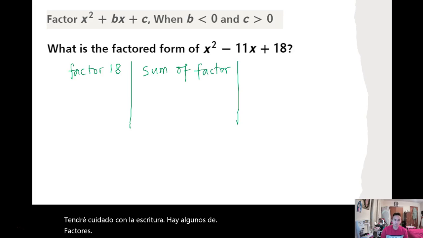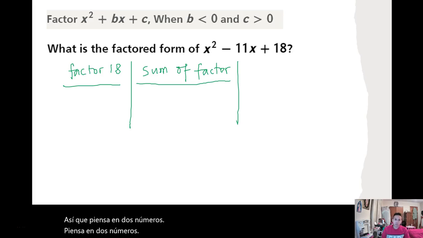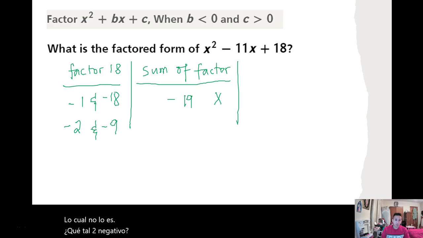So think of two numbers. -1 times -18 will give me -19, which is not it. How about -2 and -9? Oh, there you go. -2 and -9 will give me -11 when I add them.